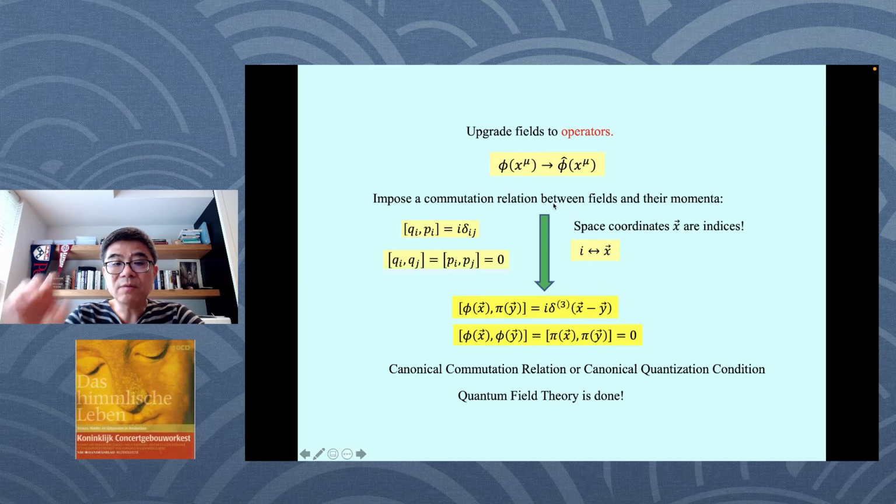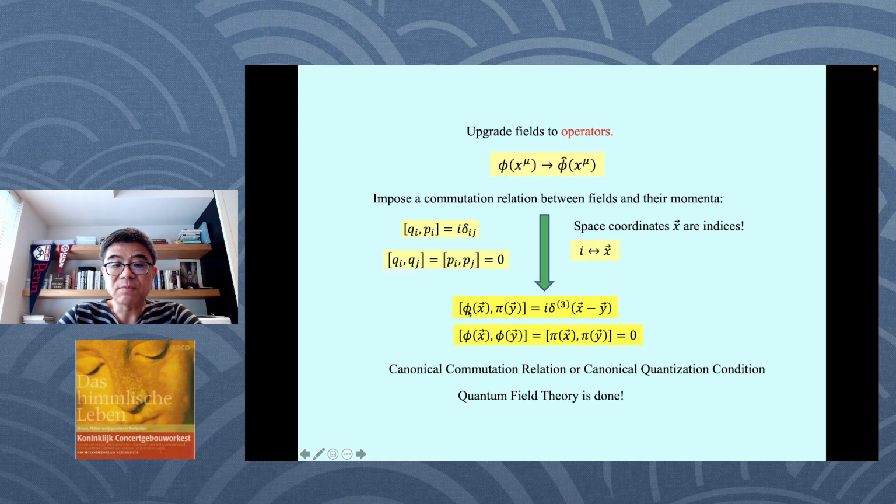Each field at a specific point is actually a dynamic system, like a particle. So x corresponds to the index i. For a classical particle system, the condition is the commutator of q_i and p_j equals i delta_ij.